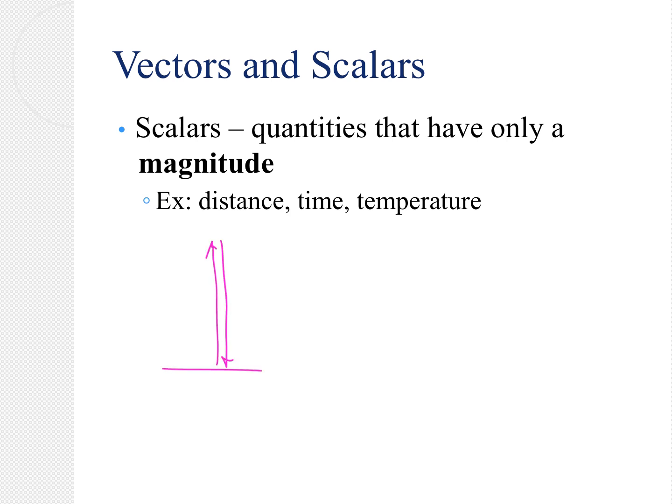We said its distance was 20 meters, right? It went 10 in the air and then 10 back down. Could we give a direction on that? We can't, because it went in two different directions, right? It went up and then it went back down. And so I can't give a direction for what happened in that 20 meters. So that's why distance cannot include a direction, right? There's just no way for us to do it.